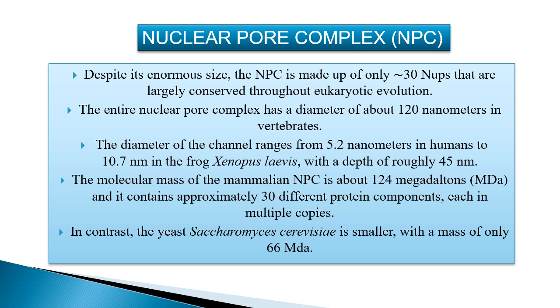A high-resolution structure of the nuclear pore complex in which the position of each individual protein is resolved is a formidable goal for structural biologists. Despite its enormous size, the nuclear pore complex is made up of only about 30 nucleoporins that are largely conserved throughout eukaryotic evolution.